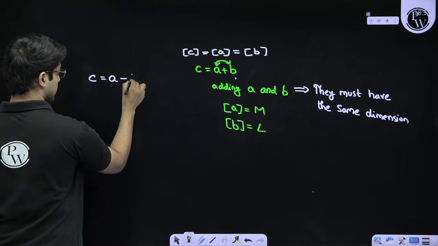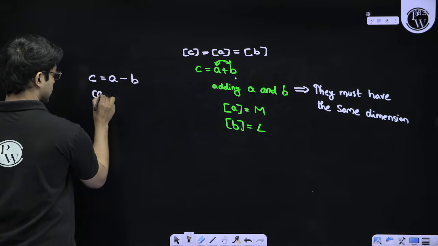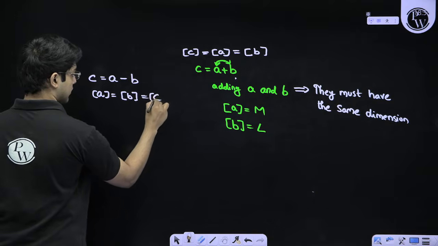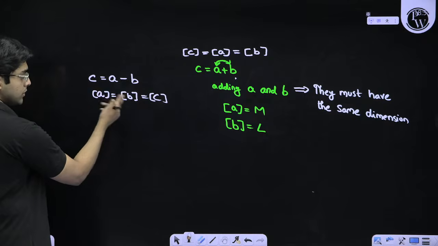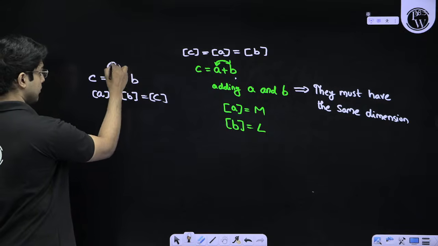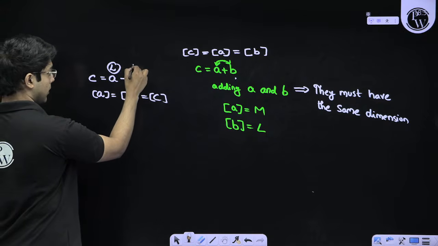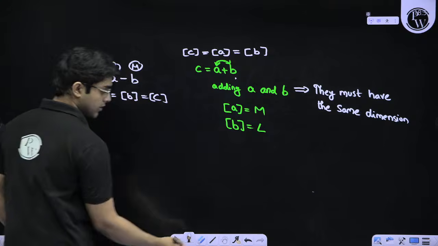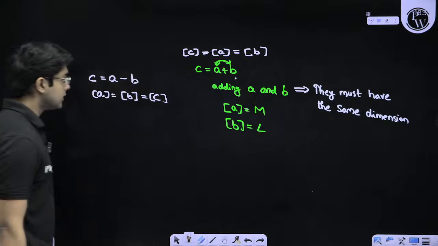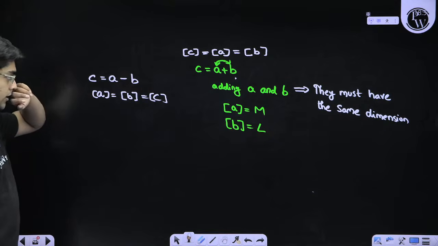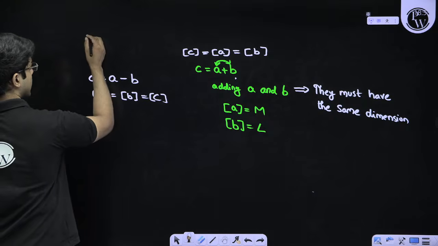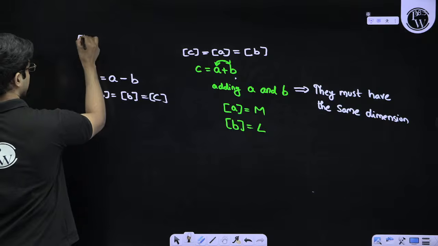Here also dimension of A is the same as dimension of B as dimension of C. Because if the dimension is not same, that means these are different quantities. Like you're adding some length to a mass or length to a temperature. Okay, that doesn't make sense. So that is this fact. Okay, so like in exams, like in the NEET exam, you can check out the previous year questions. They will give you an equation like this.